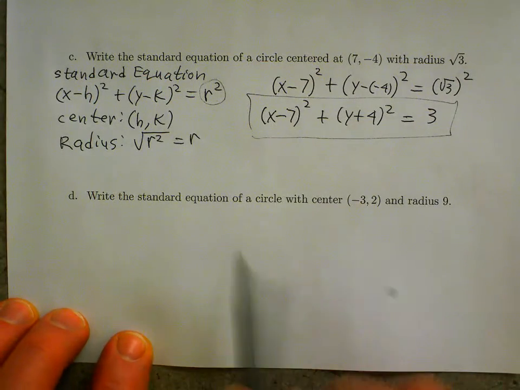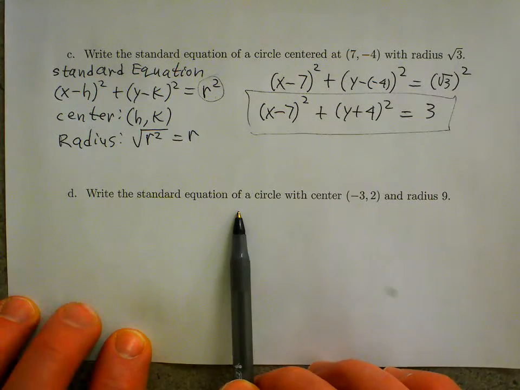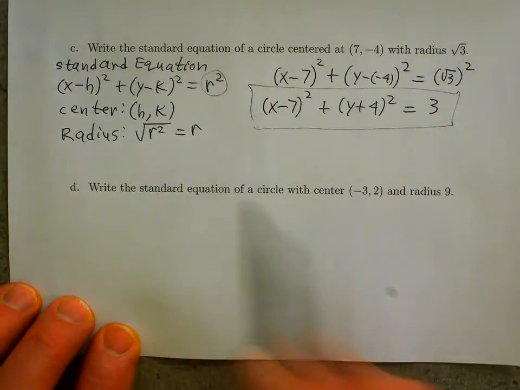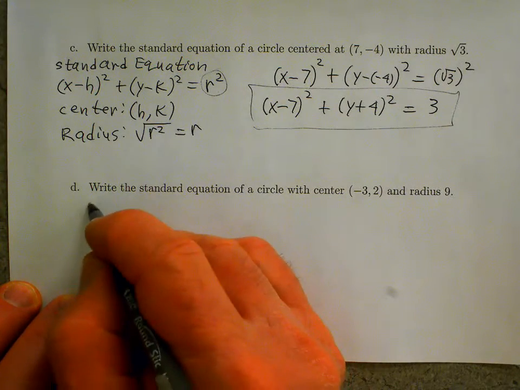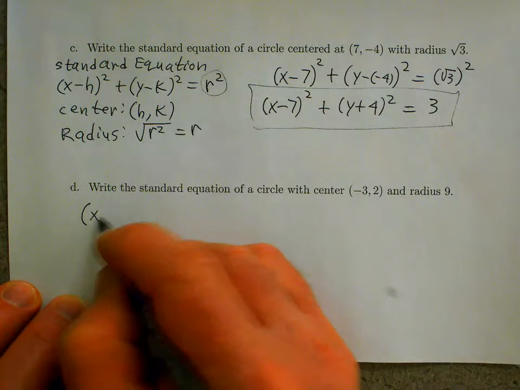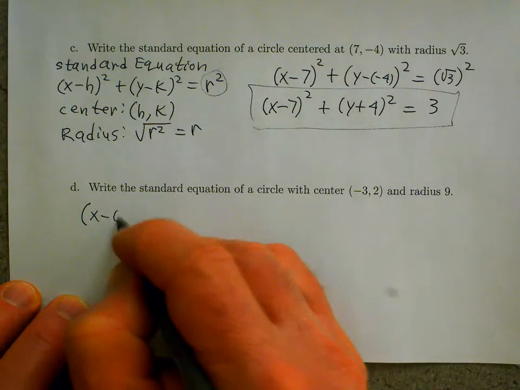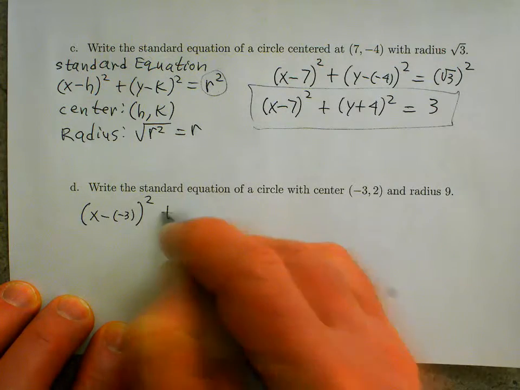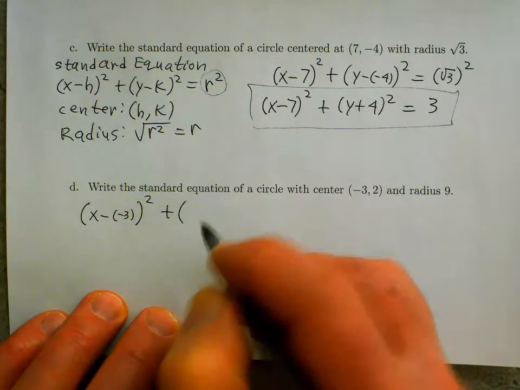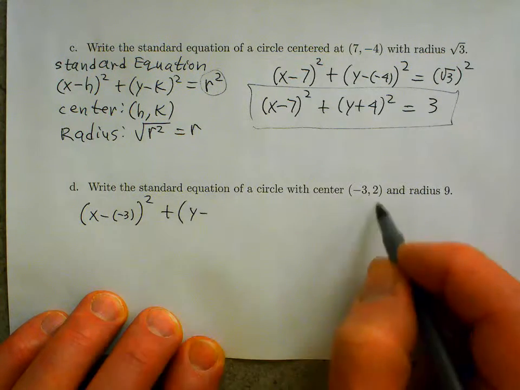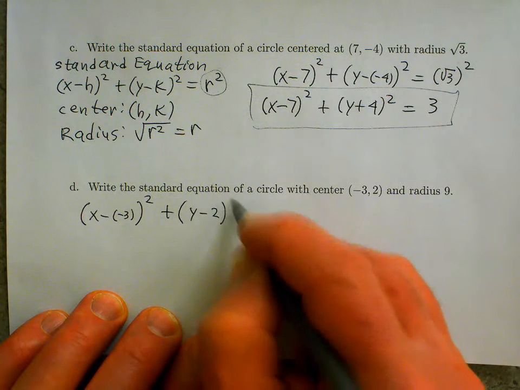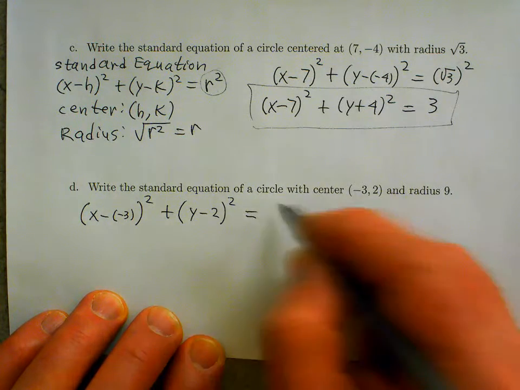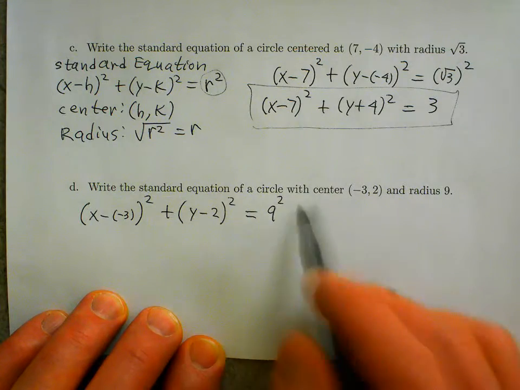Write the standard equation of a circle with center -3, 2, and radius 9. Okay, so the standard equation, x minus the x-coordinate of the center, x minus -3, quantity squared plus y minus the y-coordinate of the center, quantity squared, y minus 2 squared, and that's equal to 9 squared, the radius squared.